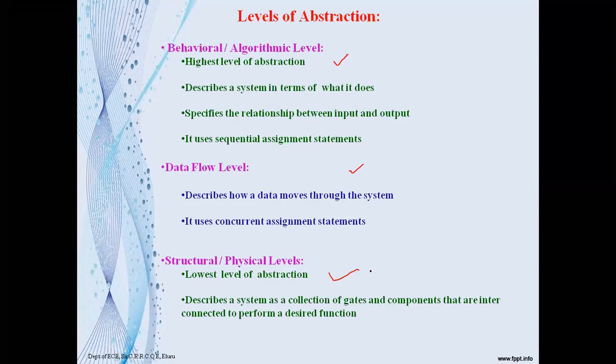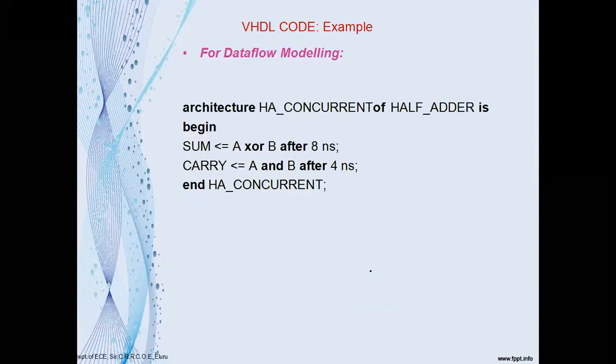So in structural modeling, the gates and digital components are used, and their interconnection describes the behavior of the digital system. These are the different modeling styles of VHDL, also known as the levels of abstraction.